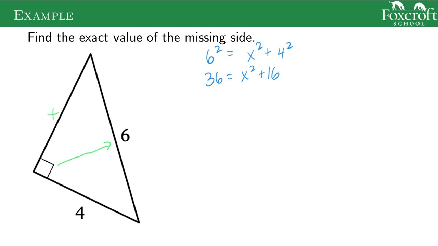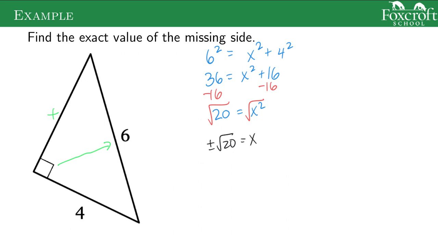When we're solving these equations for x, we want to get the x squared part by itself. So then I can use my square root. Now I can take the square root of both sides. And x equals plus or minus the square root of 20. And unlike the previous problem where the square root just came out really nicely, this one we actually had to simplify our square root.